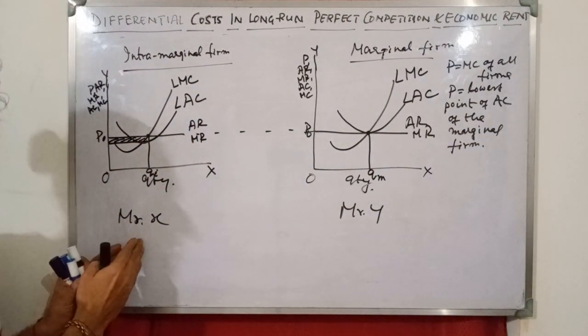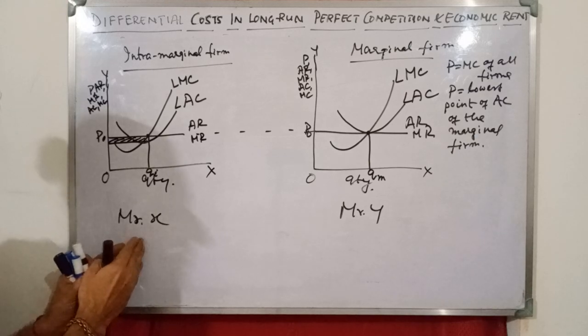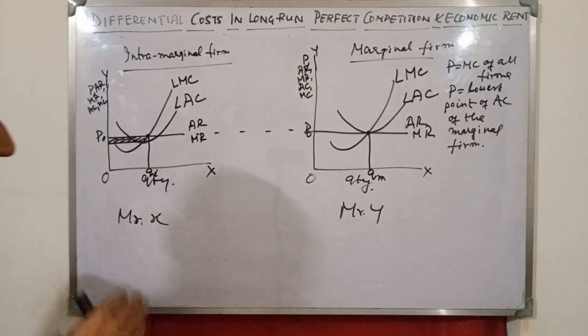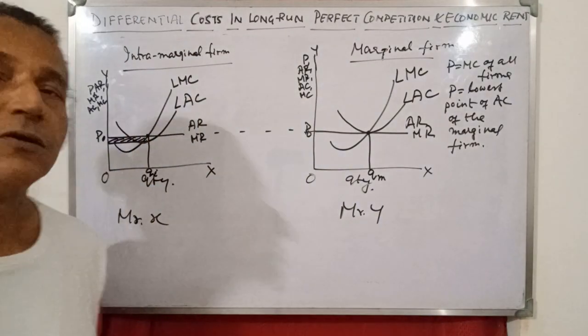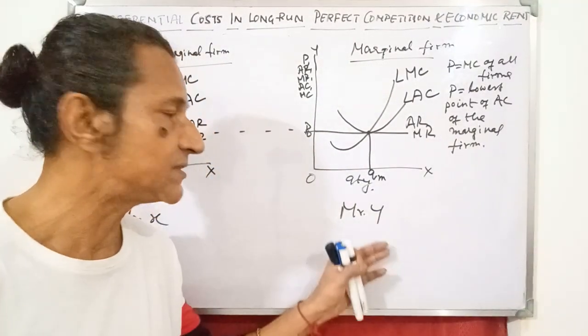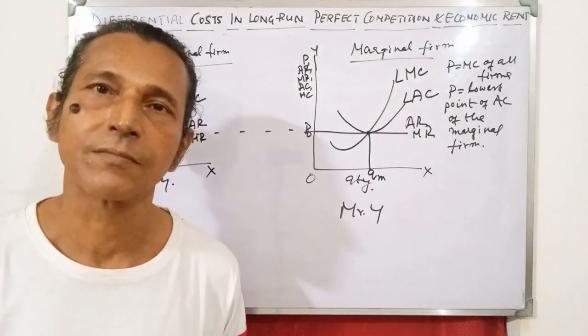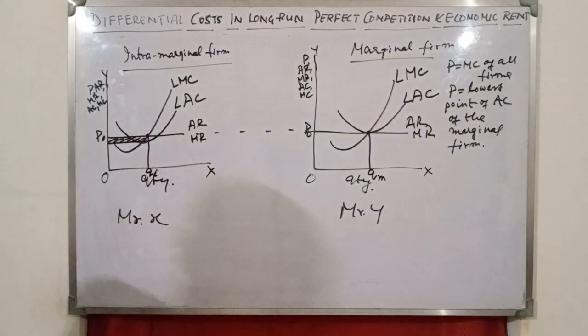Here he is the owner of the efficient resource, that is efficient management. So Mr. X deserves to get a salary 20,000 higher than what Mr. Y is getting. Correct?